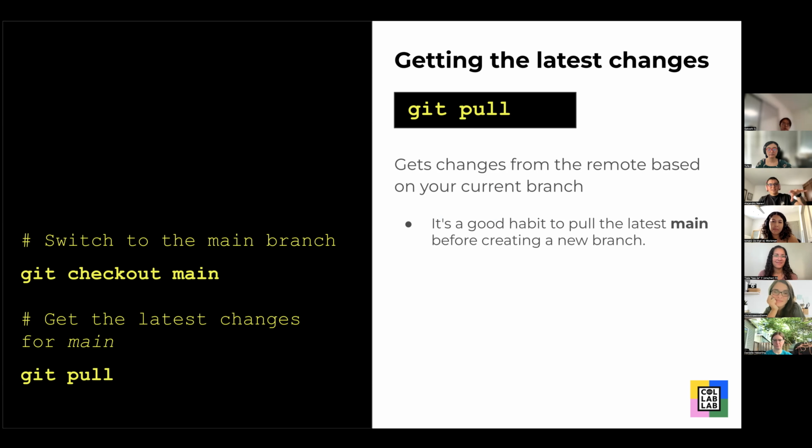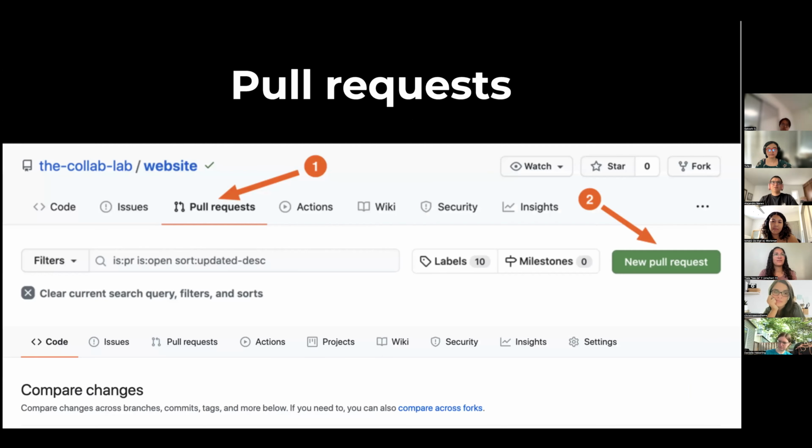So now we have learned how to update our local machine, make commits, and change branches. And now we're going to talk about pull requests. It's straightforward. You open the project, in this case the Collab Lab website. We click the pull request tab, then the green button that says new pull request.